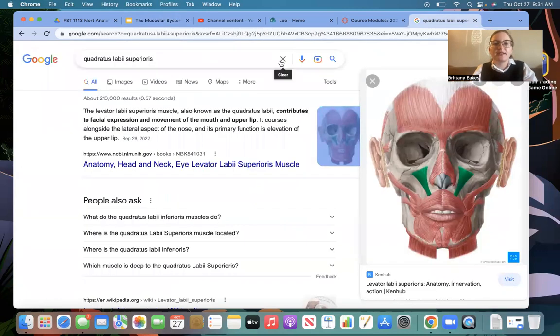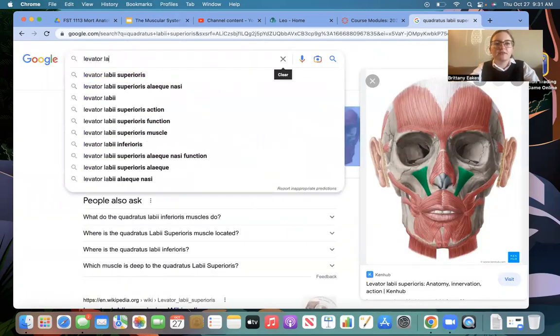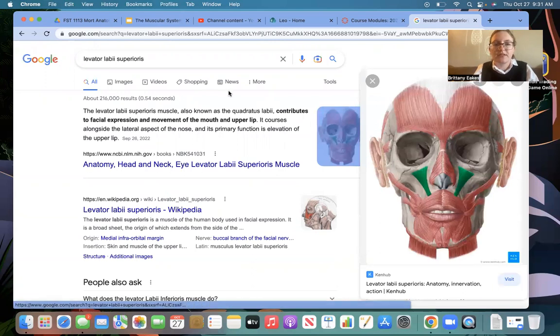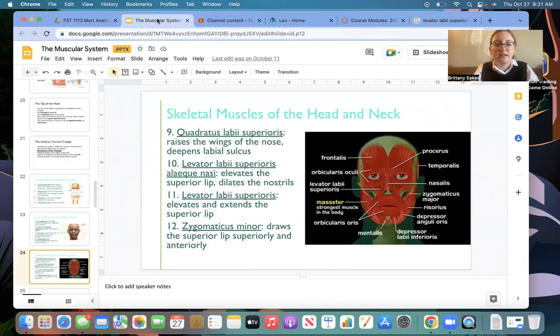They pull up another image. Labii superioris. And then levator, and then the alaeque nasi. So this is that group of muscles that's going to do that.